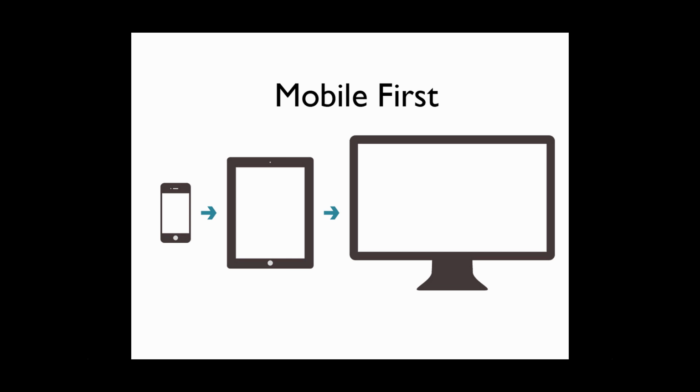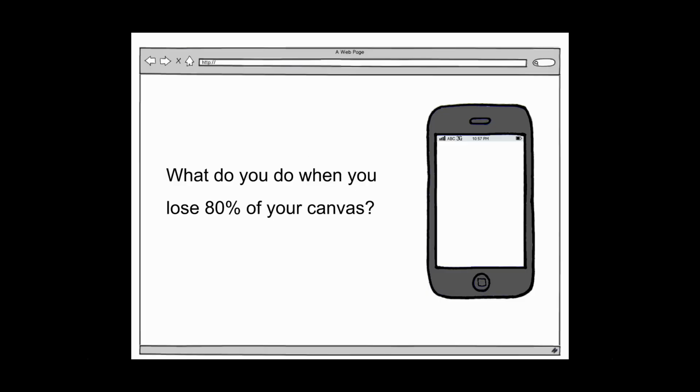The reason is that when you start with the smallest device, you're forced to prioritize, because you no longer have all the space you had on a full screen web browser. So what do you do when you have 80% less of your canvas? Obviously, you're forced to prioritize, because you want to present the most important content first to your visitors.